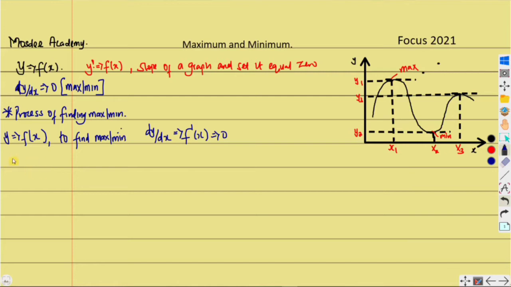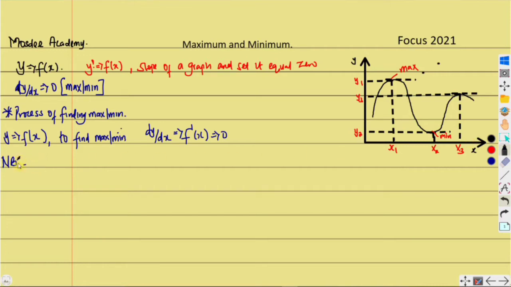Now, the logic is, let me just keep it as a note, to check the value of x, the y value for maximum or minimum. What we do in mathematics and physics is to go for what we call a second derivative.